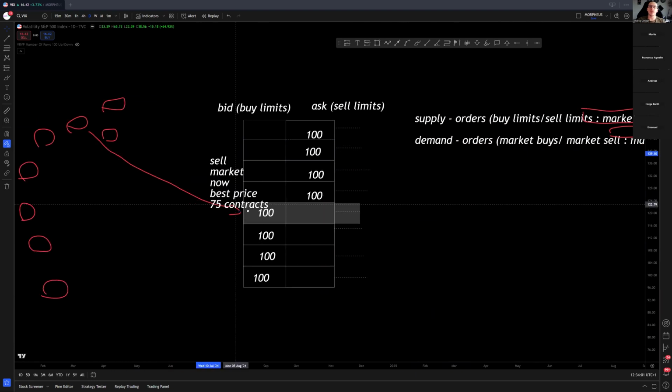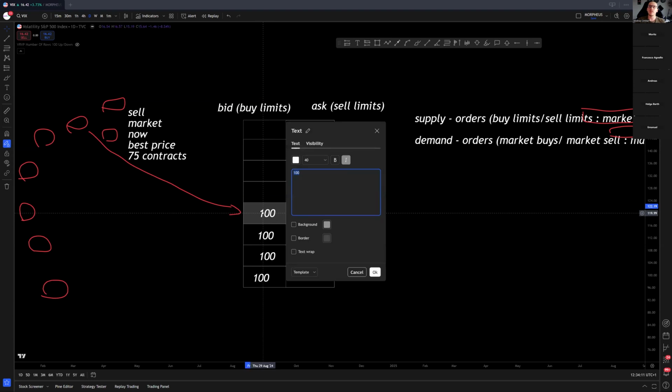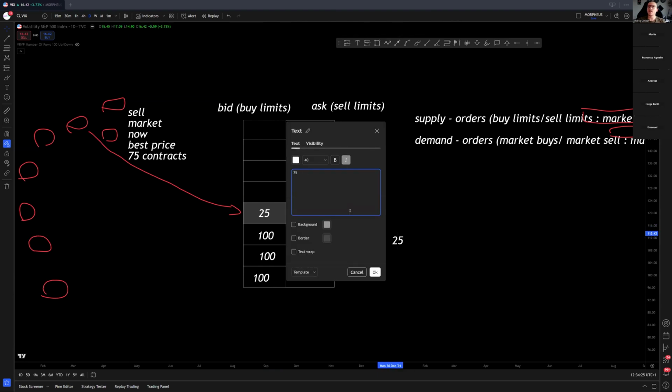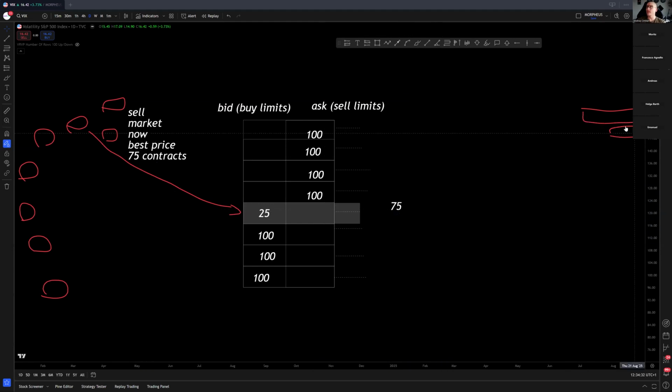So these 75 contracts are matched with 75 of those 100 contracts. So these will become 25. Those 75 contracts were matched with these, and these orders go right into our footprint.